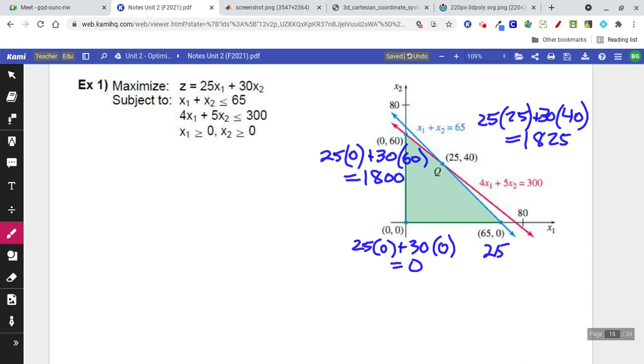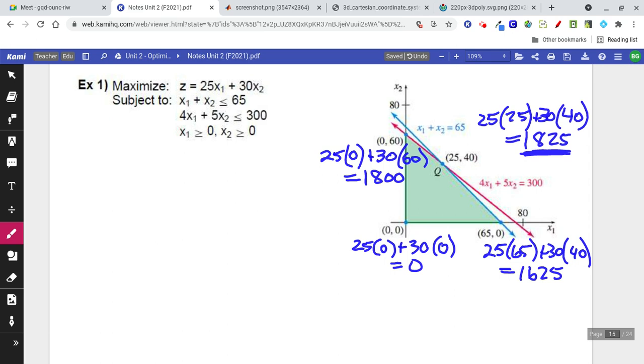25 times 65 plus 30 times 40 was 1625. And so we could see this was the maximum value at the corner point of 25, 40.